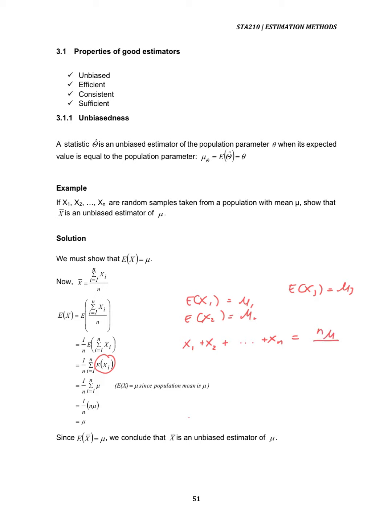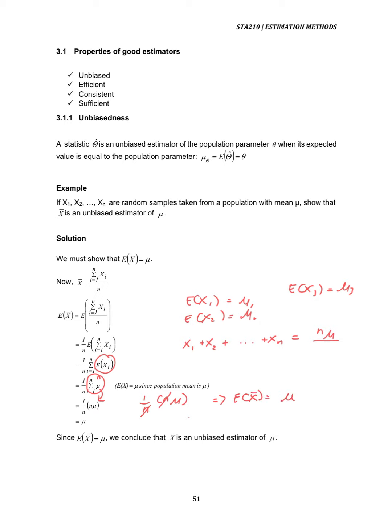Kita substitutekan dia ke dalam this one, so it becomes 1 over n times n mu. Kita boleh simplify dia, kita boleh potong. So finally we will get the expected value of x bar equivalent to mu.